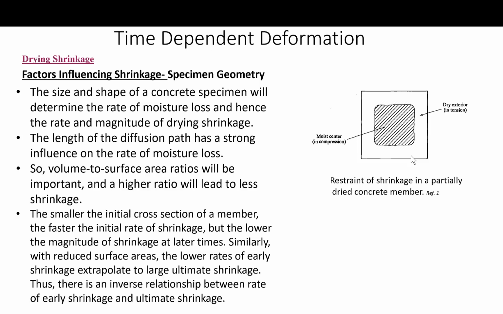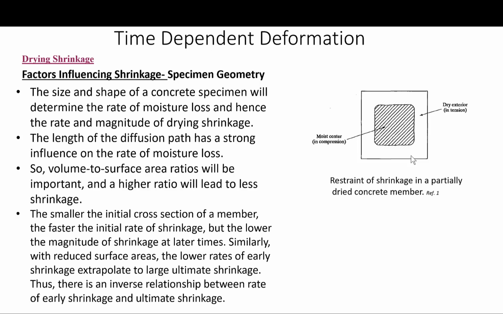So in mass concrete, it will take approximately 1 month for the outer 75 millimeters or 3 inches of concrete to reach moisture equilibrium. Maybe 1 year for 225 millimeters and about 10 years for 600 millimeters or 24 inches to reach equilibrium.